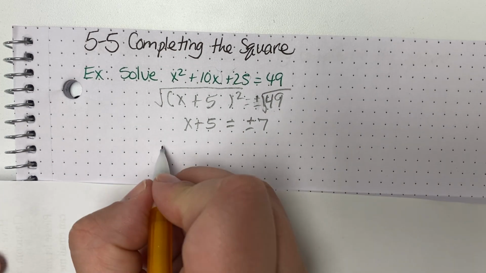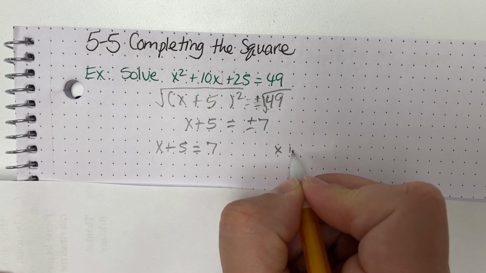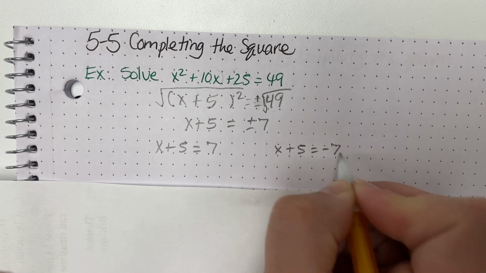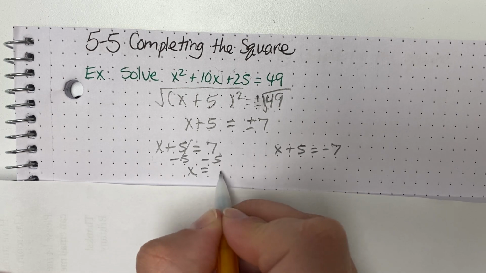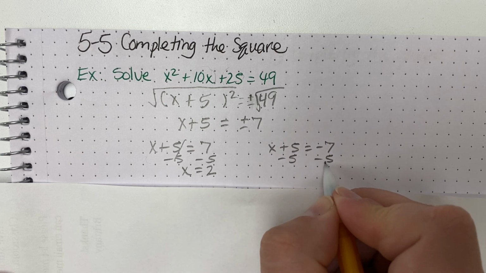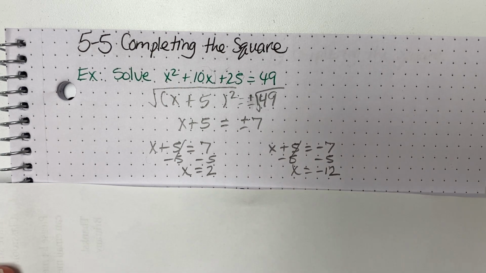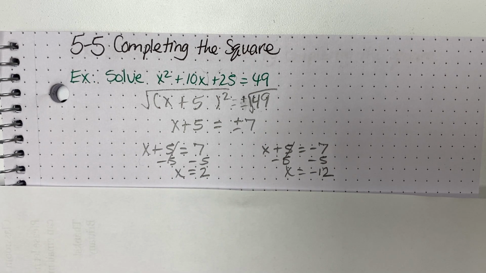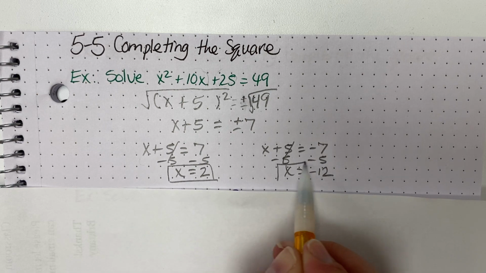So I'm going to have x plus 5 equals 7, or x plus 5 equals negative 7. Solve both of those. So x could equal 2, or x could equal negative 12. So there's 2 possible answers there of 2 or negative 12.